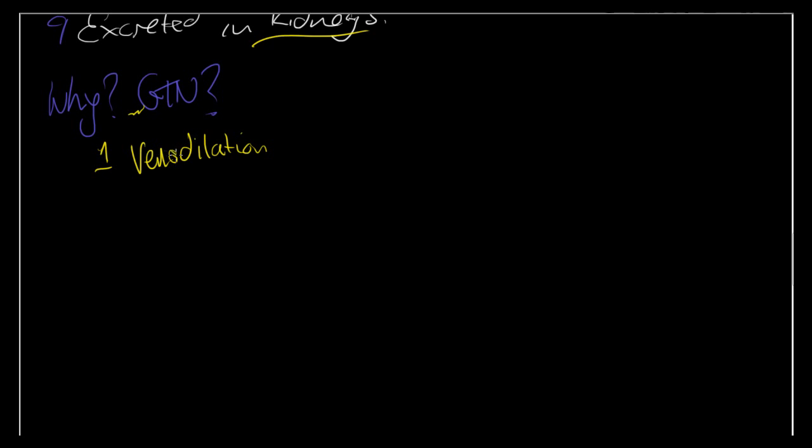What does that mean? We talked about how it definitely dilates veins over arteries. This is like a 4-to-1 or a 3-to-1 principle, something along those lines. Veins get dilated a lot more than arteries.